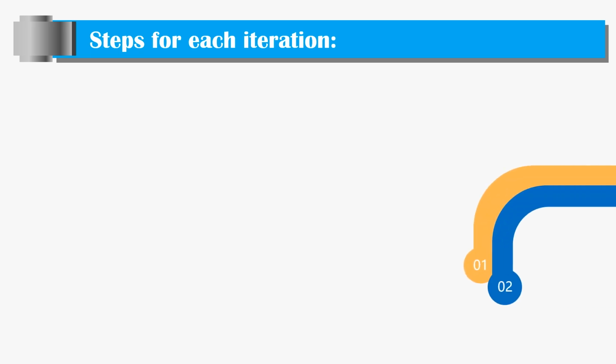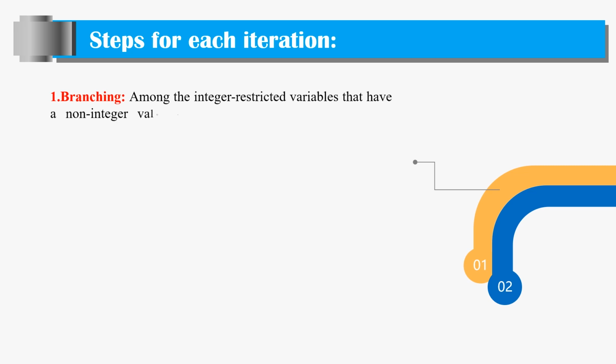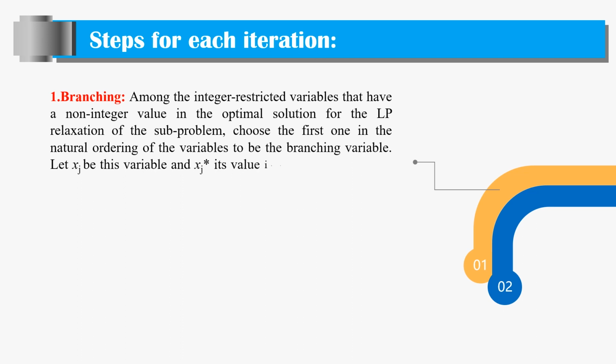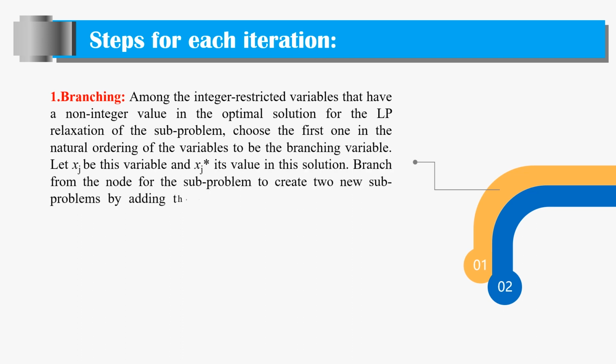Now, the steps for each iteration. Step 1 is branching. Among the integer restricted variables that have non-integer values in the optimal solution for the LP relaxation of the subproblem, choose the first one in the natural ordering of the variables as the branching variable. Let xj be this variable and xj* its value in this solution.